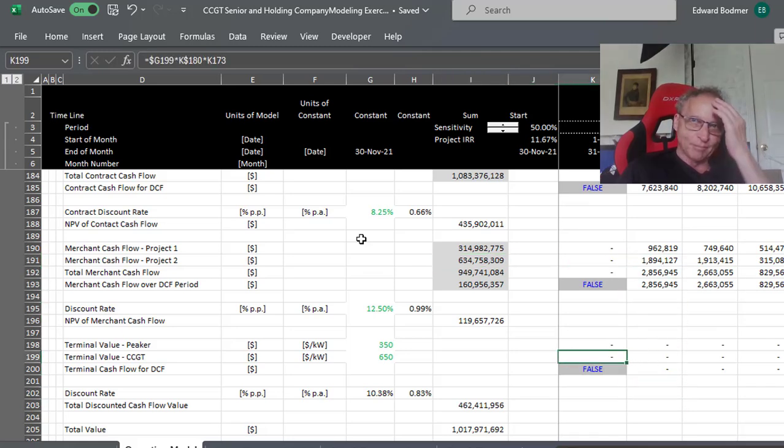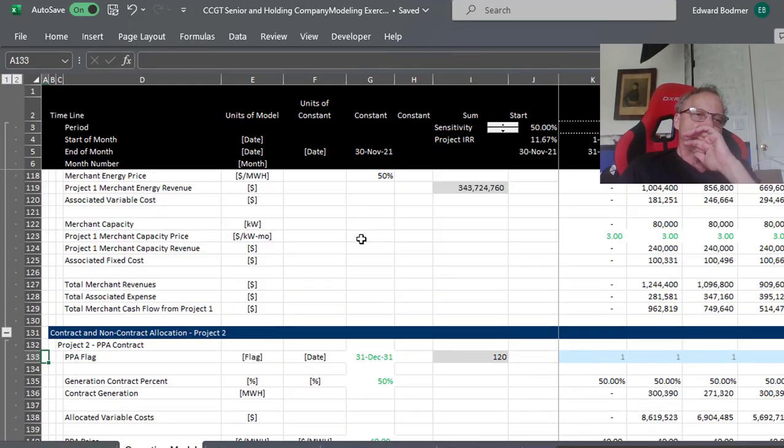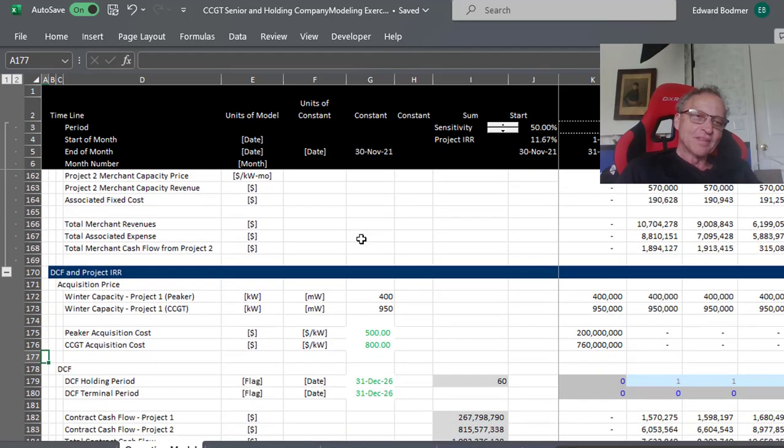We have to decide how much of the leftover is merchant. And I didn't even talk about this fact that we have a PPA period that's not constant. Can you imagine this? And getting this done in 3 hours?